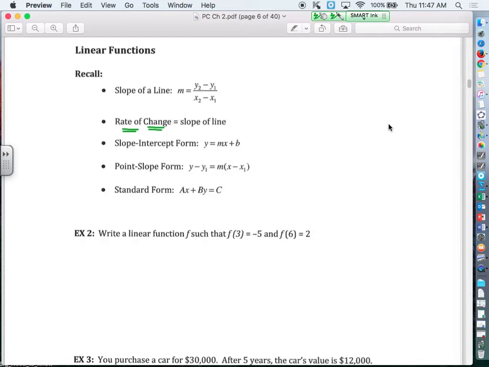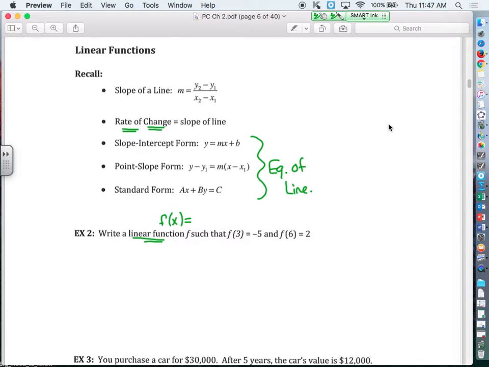Slope-intercept form, point-slope form, standard form, the three forms for the equations of a line. Typically, if they don't tell you how they want the equation written, you can write it in any of those forms. If they say, like they do for this example one, they want it as a linear function, they want you to write it as f of x equals. So we'll go back and write it in that form.